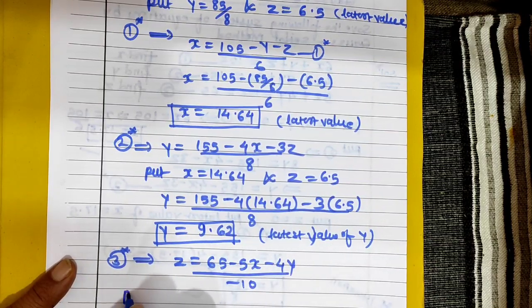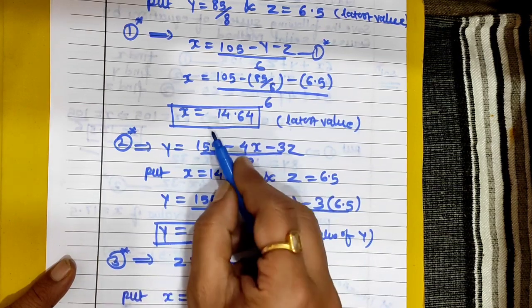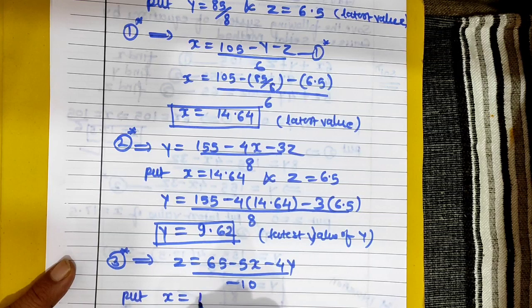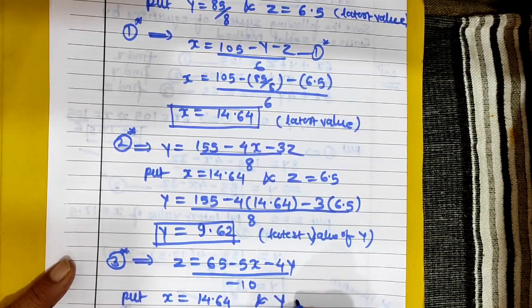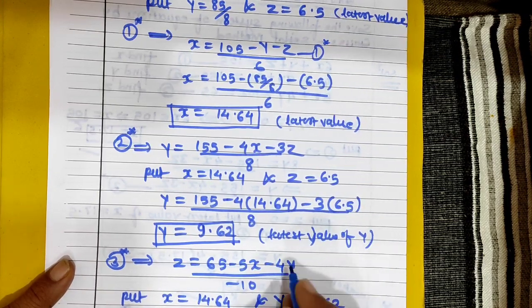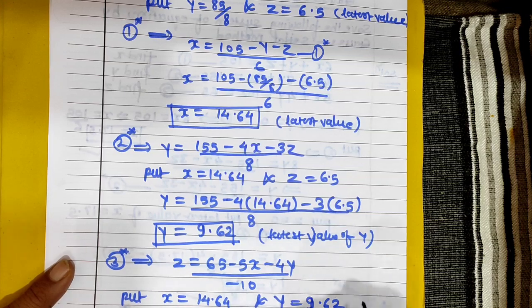So put the latest value of x. What is the latest value of x? We calculated 14.64, and the latest value of y is 9.62, in this equation.